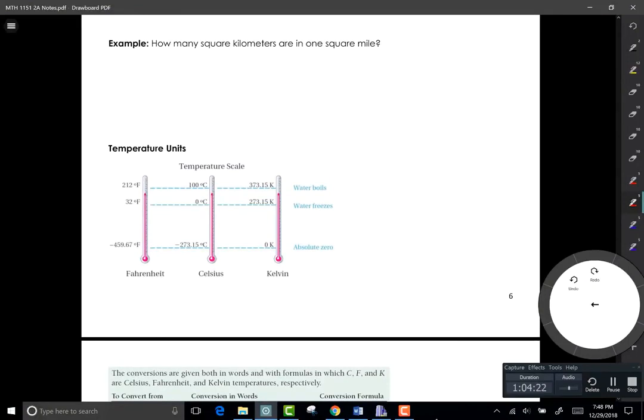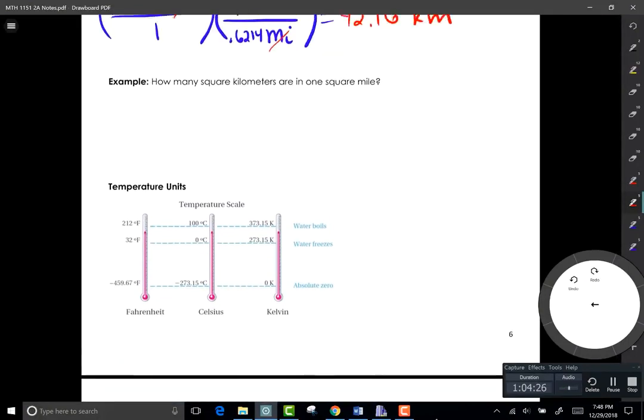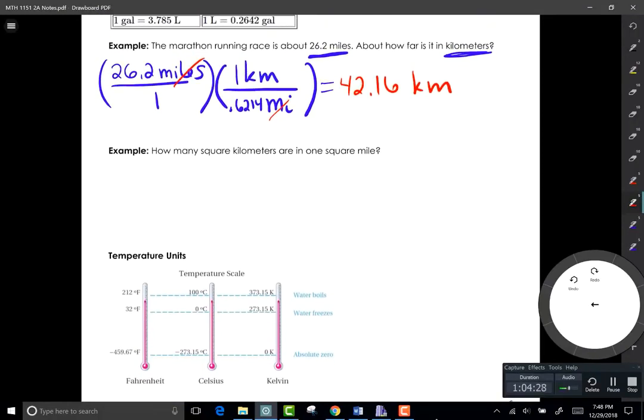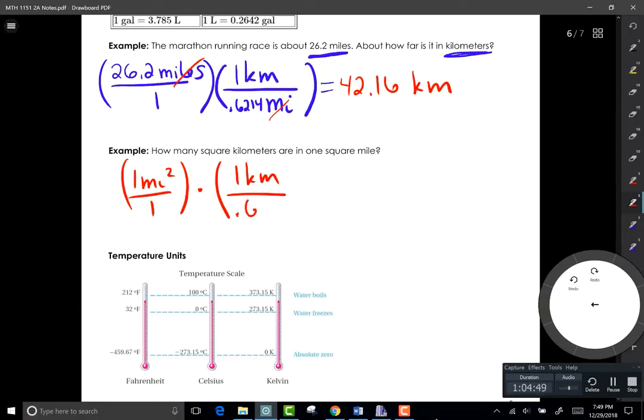Okay, how many square kilometers are in 1 square mile? So it's the same idea of what we just did, but now we're squaring them. So I have to square my conversion factor. So I have 1 square mile. I'll use the same conversion factor as I used up above. I have 1 kilometer is equal to 0.6214 miles.